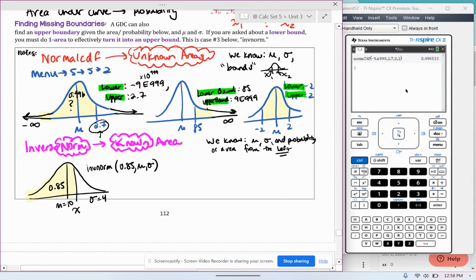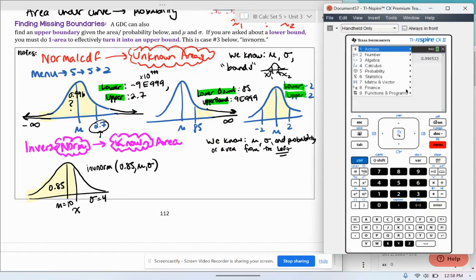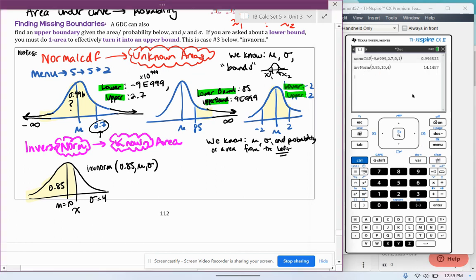The way you would enter this into the calculator is you would do menu 5, 5, 3. Okay. You type in the area, you type in the mean, type in the standard deviation, and it will give you this X data point here, 14.1457. Okay.